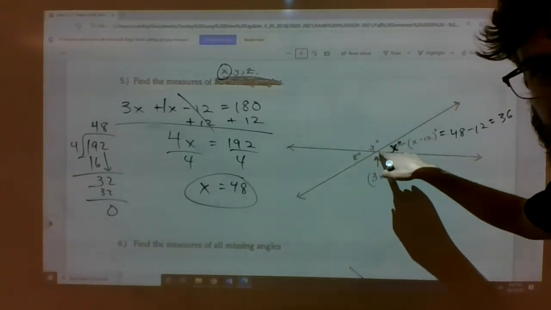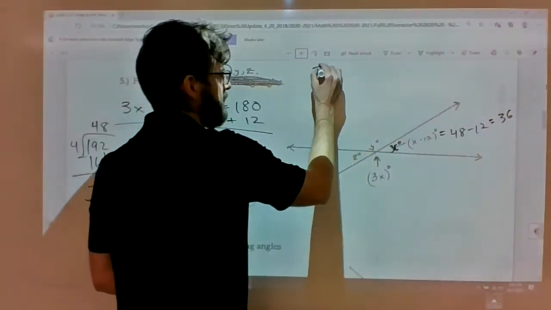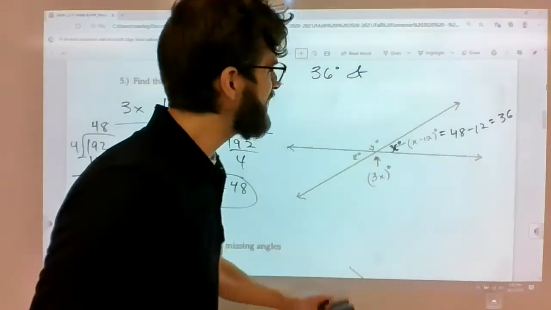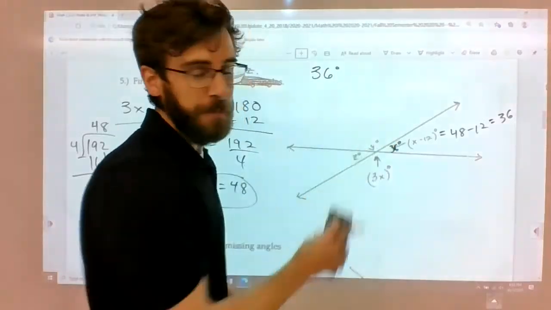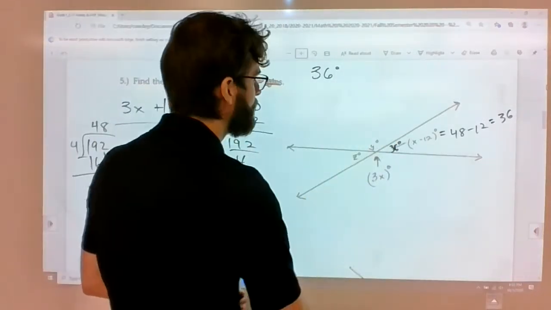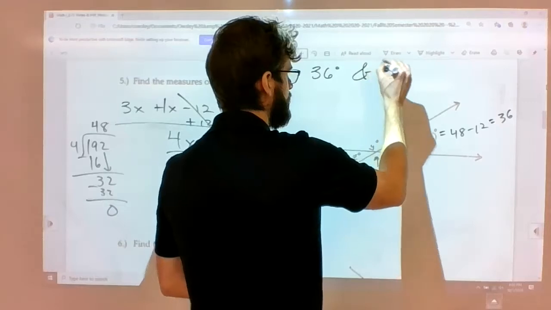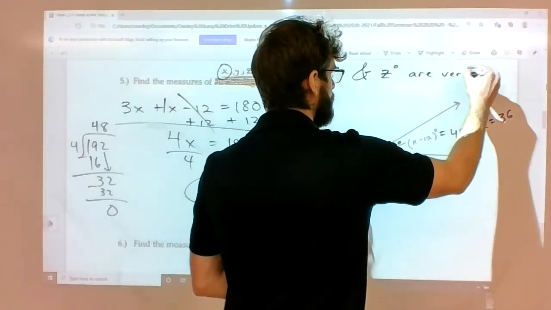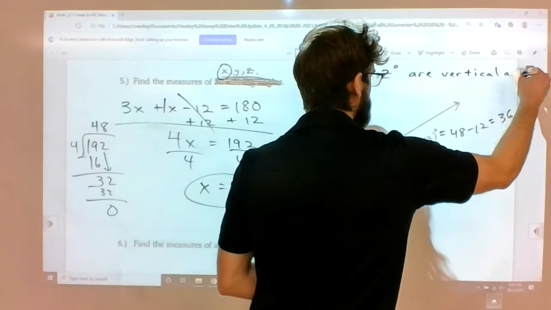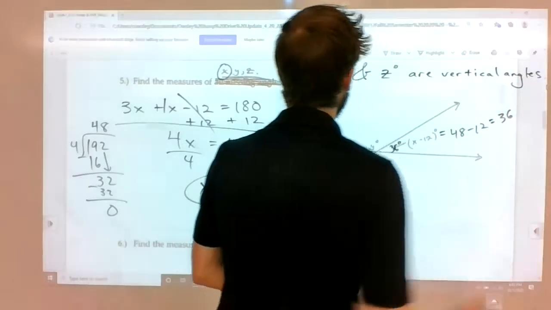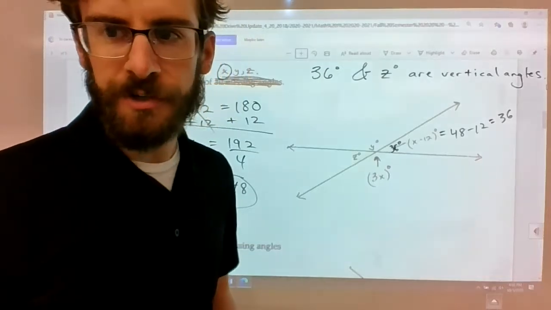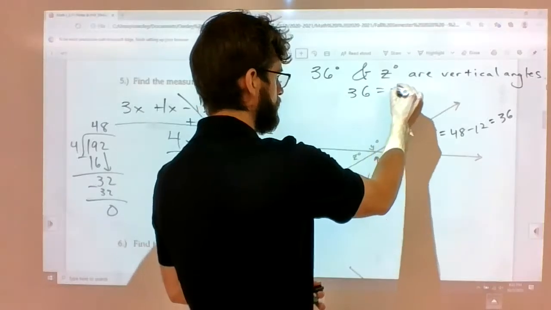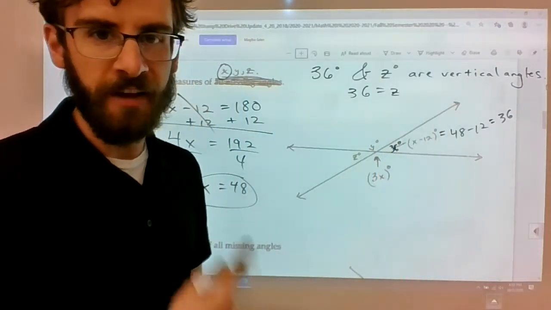They're vertical angles. 36 degrees and z degrees are vertical angles, which means they're equal. Found z.